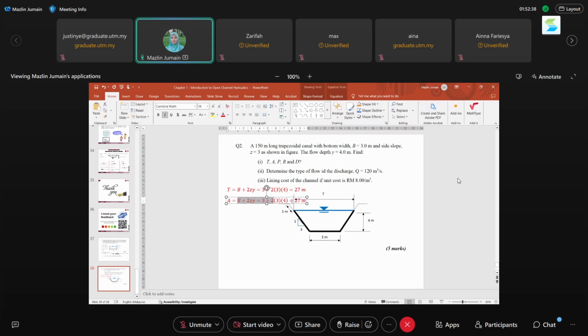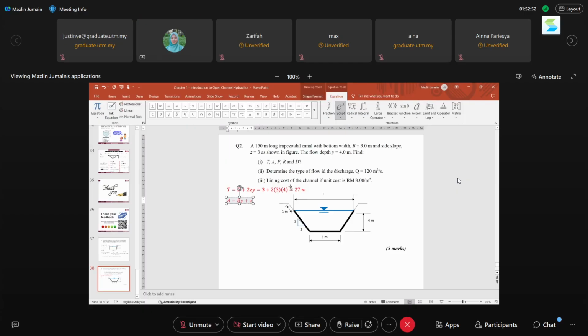And then next for area. So what is the equation for area? By plus ZY square. Okay. Then we just replace the value for B. We have 3, and then times with Y 4.